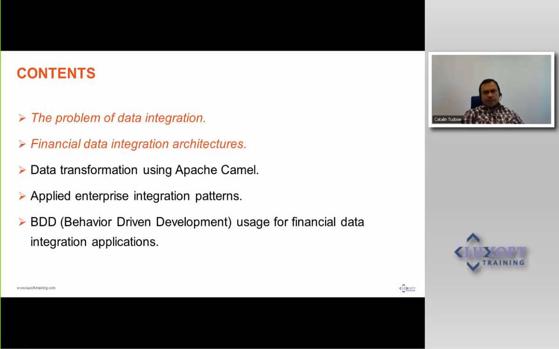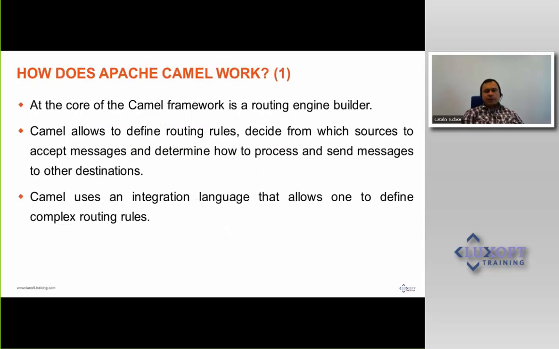I was saying that Apache Camel is a framework that is specially designed in order to make this integration process more powerful and quicker. This is a framework that intends to simplify the life of the programmer that works in the field of data integration.